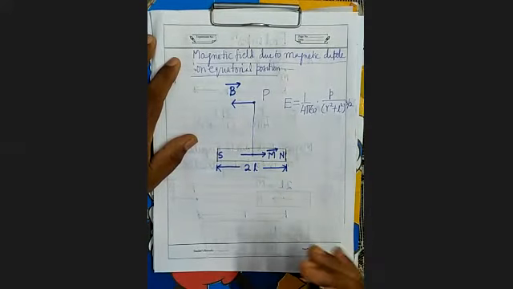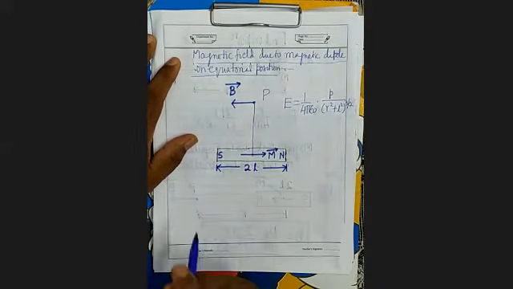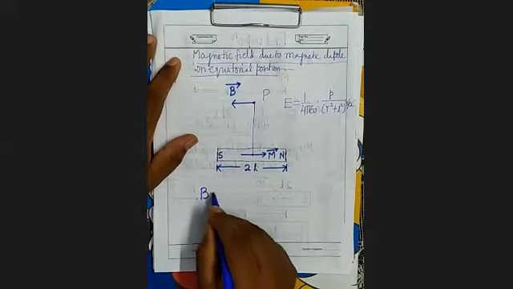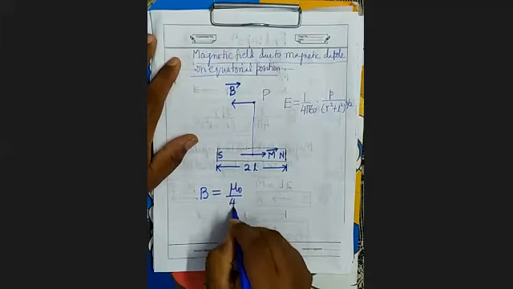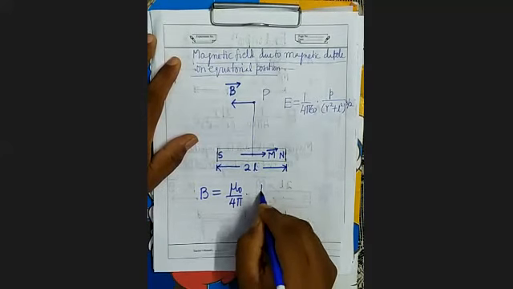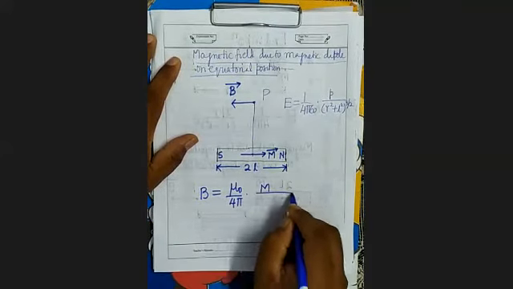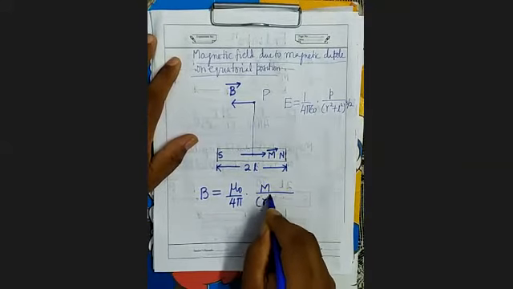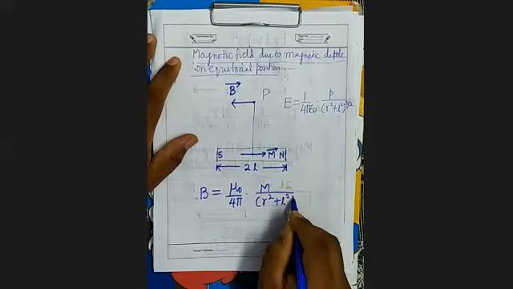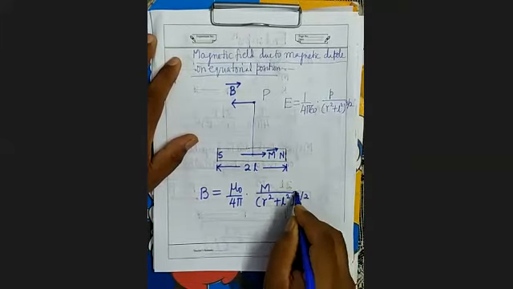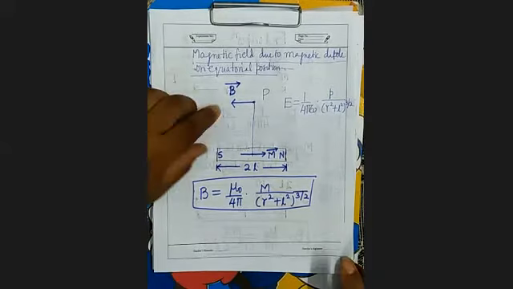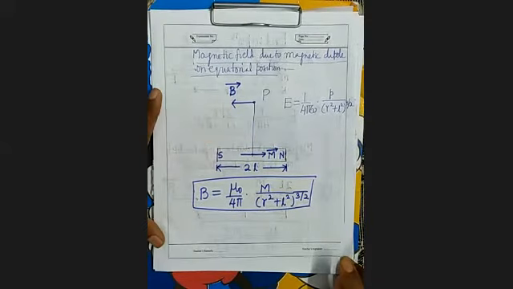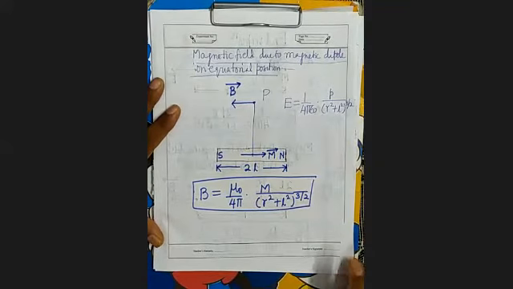Here also you will get the similar formula. What will be the formula? B. In place of this, mu naught upon 4 pi. Then it is M upon R square plus L square की power 3 by 2. But here you can see that vector B and vector M both are opposite to each other.